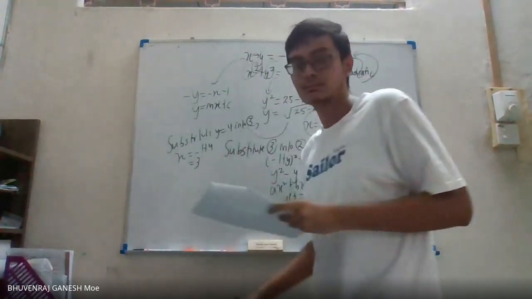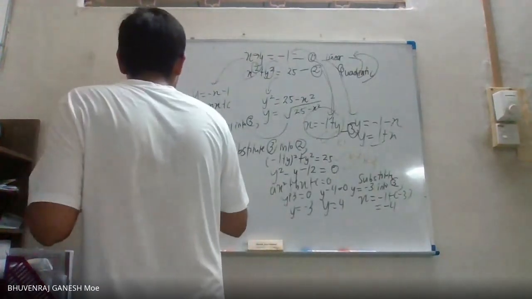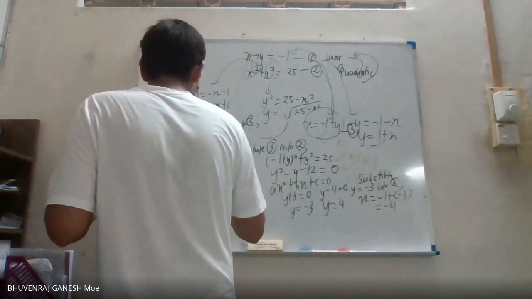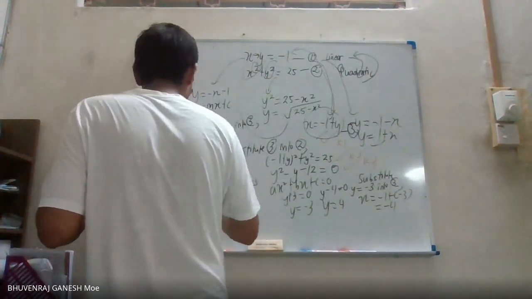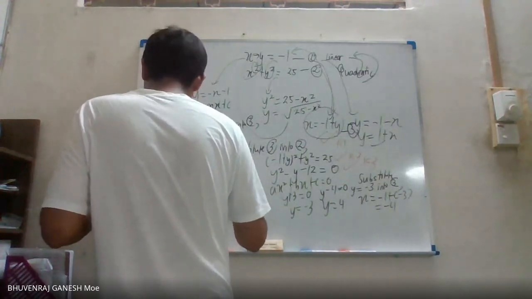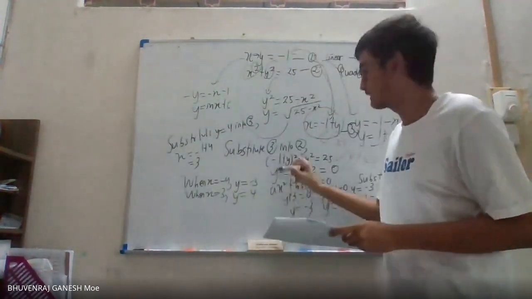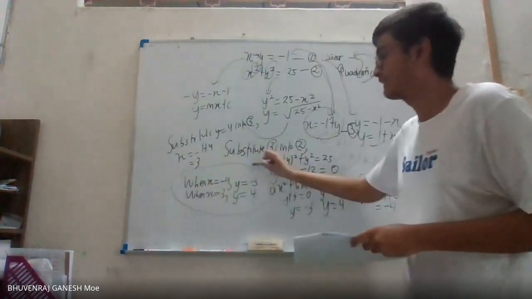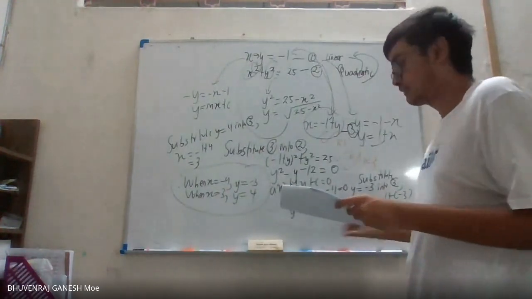And also, the last part of this is called a conclusion. So you can say when x is -4, y equals -3. When x equals 3, y equals 4. Sometimes it gives a clearer guide to the examiner. Your final answer is here. So that one also can earn you marks sometimes.